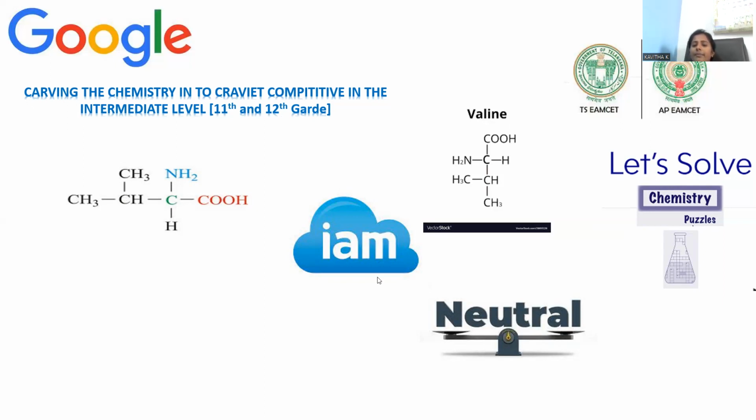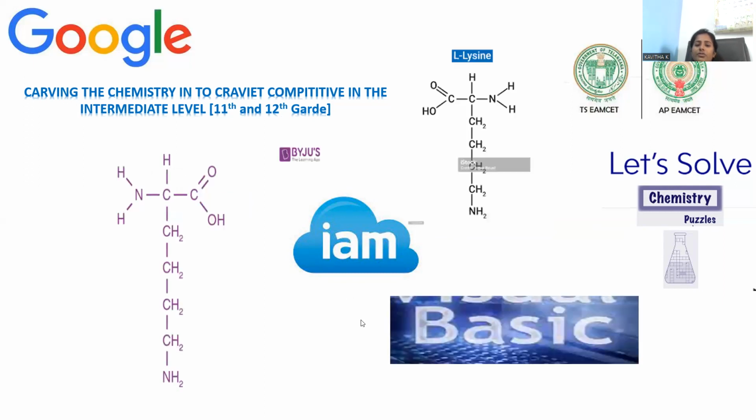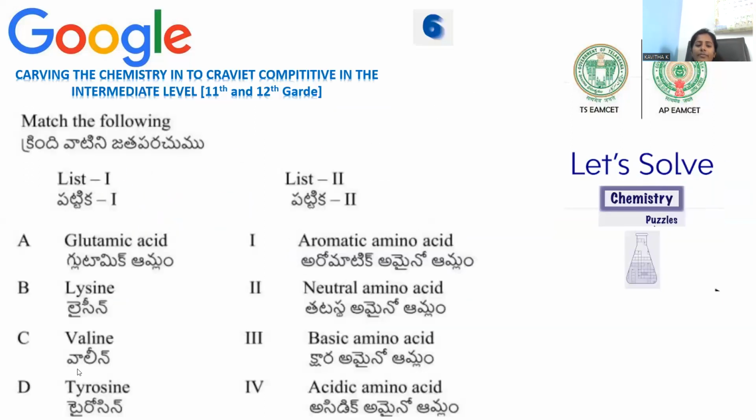Valine is neutral because one NH2 compensates one COOH. Both natures got cancelled equally, so there is no other acid or base in it. Can you find neutral anywhere? So option C can be mapped with the neutral amino acid. So C with 2.